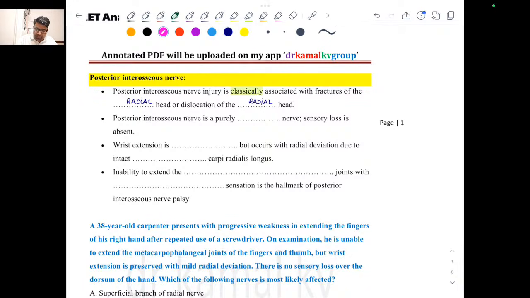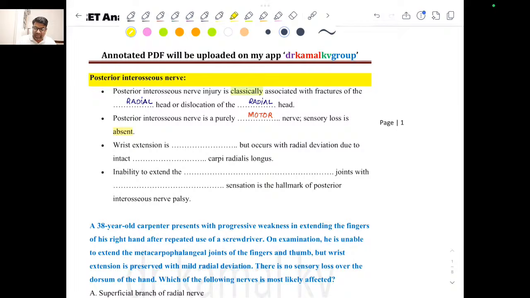Now, one important thing is that the posterior interosseous nerve is a purely motor nerve. It means there is no sensory loss. Sensory loss is absent, only there will be paralysis of some muscles, which will be manifested clinically.